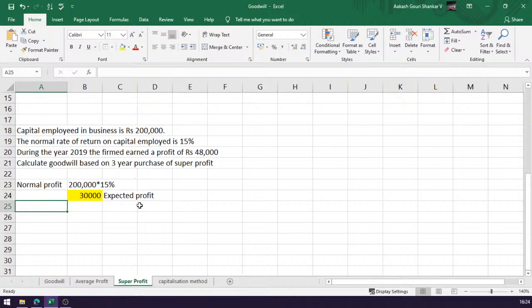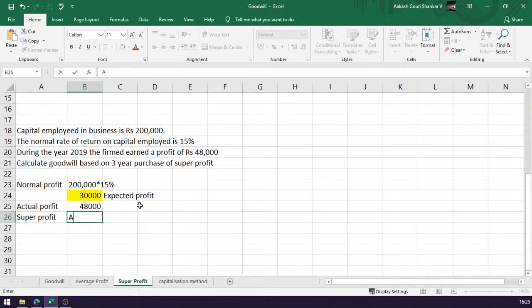I will show you that. Our actual profit is 48,000 rupees. Super profit is nothing but my actual profit minus normal profit.